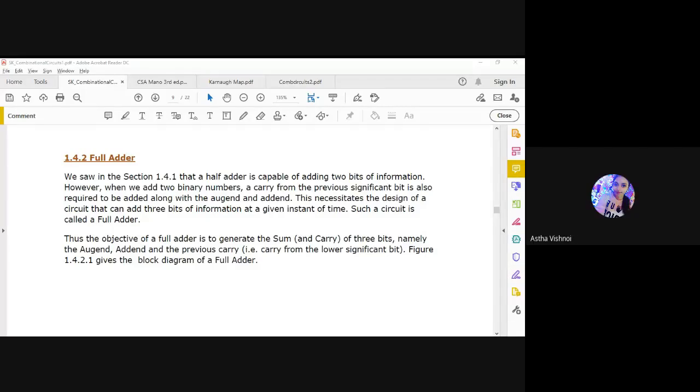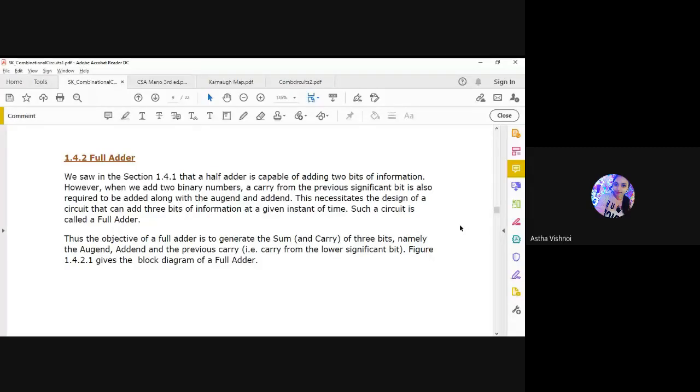This necessitates the design of a circuit that can add 3 bits of information at a given instant of time. Such a circuit is called a full adder. Read on.